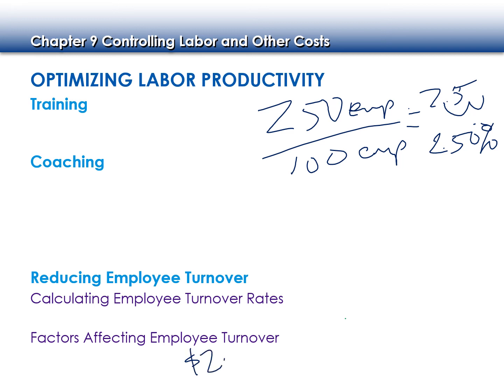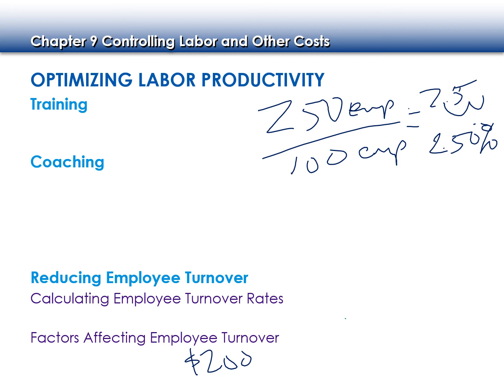Now, let's think about this for a second. If it cost me $200 to hire somebody, that's the cost of advertising the open position. That's the cost of the time for a manager to interview the applicants. That's the cost of the time for training, because they're working, you're paying them, but yet they're not generating revenue because they're not out on the floor selling, or they're not in the kitchen producing food.